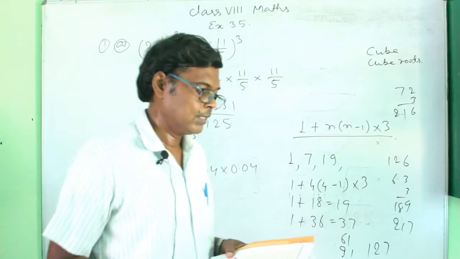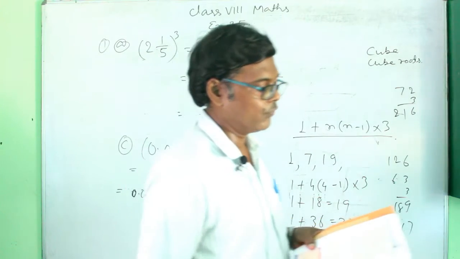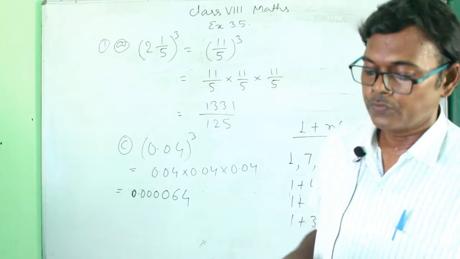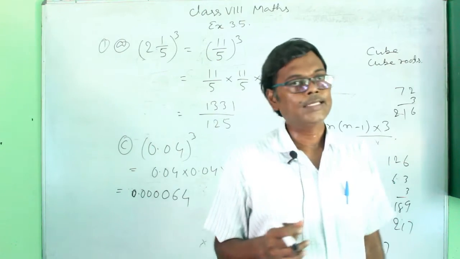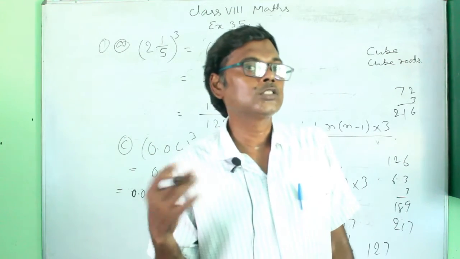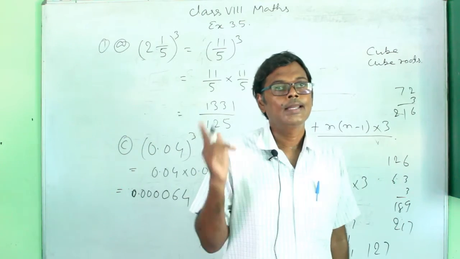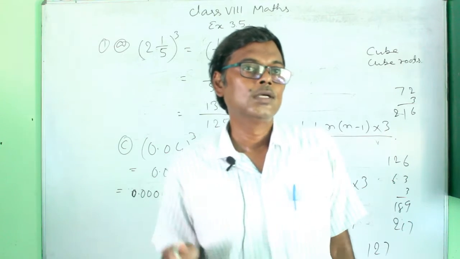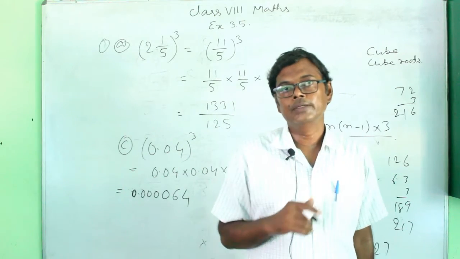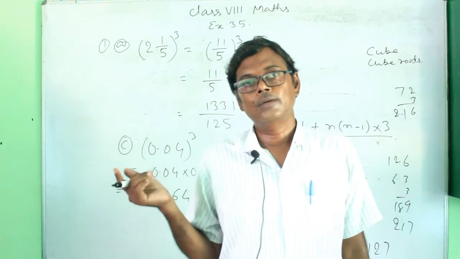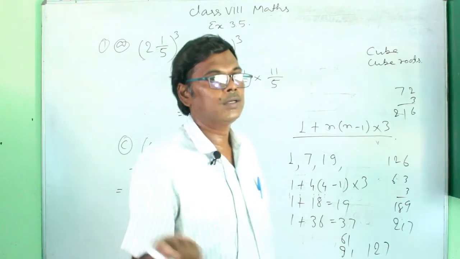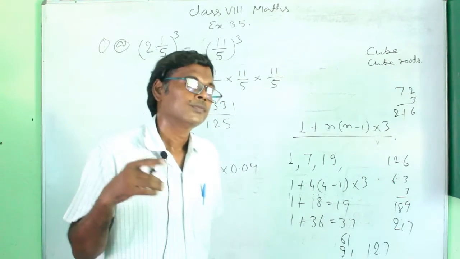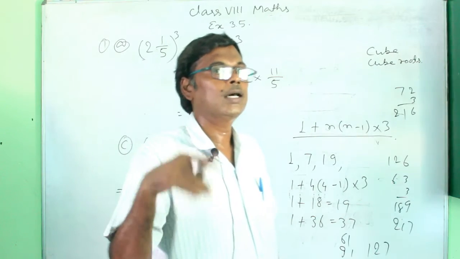Now the next question is: which of the following numbers are cubes of even numbers? Here there is a fact about cubes: when you have an odd number, the cube of that odd number will be an odd number, and when you have an even number, the cube of an even number is also an even number.